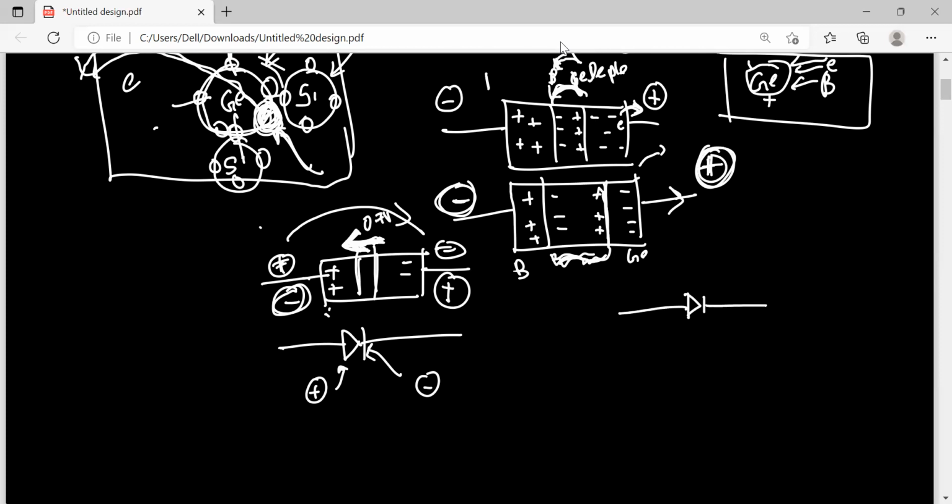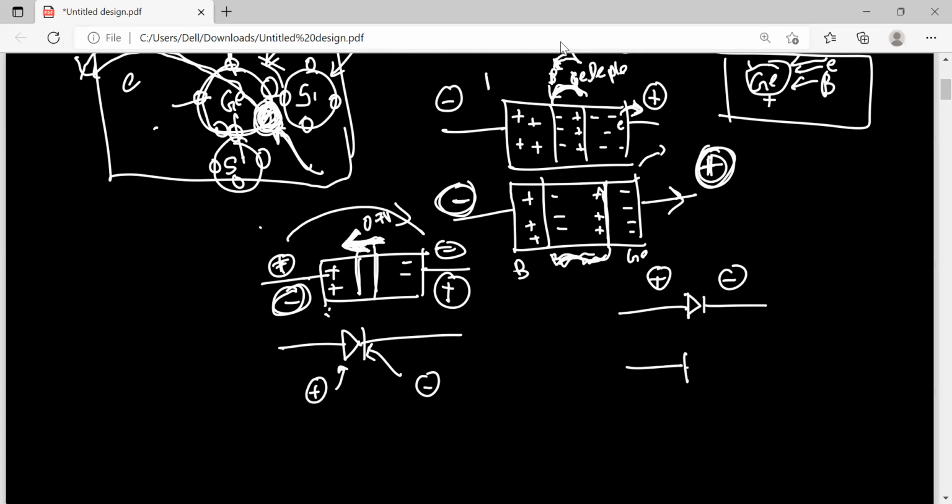Another important thing: let's say there's a diode and you give plus to this side, and to the minus terminal you give the negative voltage. This instance is known as a forward biased diode. The diode is forward biased, which means you have connected the diode correctly, so the diode can work.